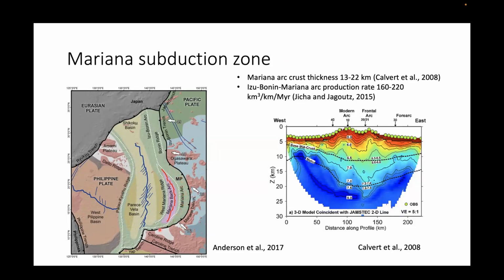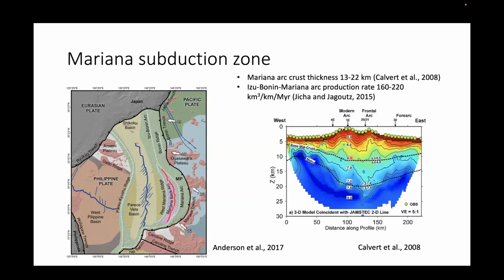And there is very detailed seismic tomography along this region. So we know the area of the arc crust along the transect. By integrating the area of the arc crust and comparing it with the area of the typical oceanic crust, we can estimate the amount of arc volcanism, how the arc crust is generated with time.